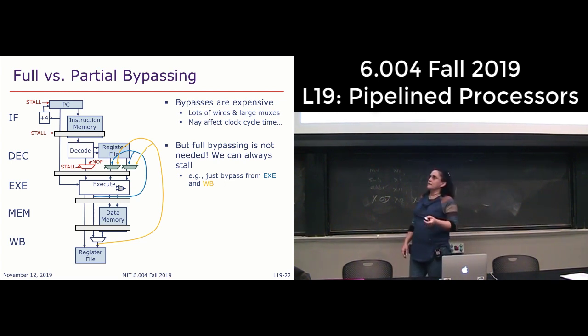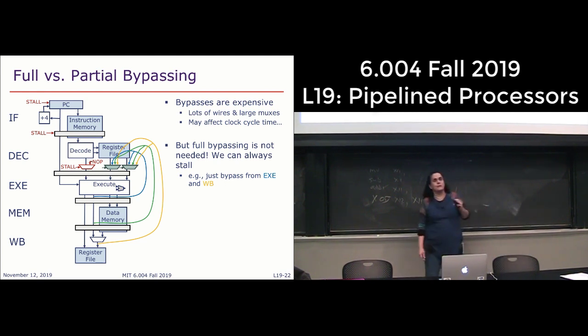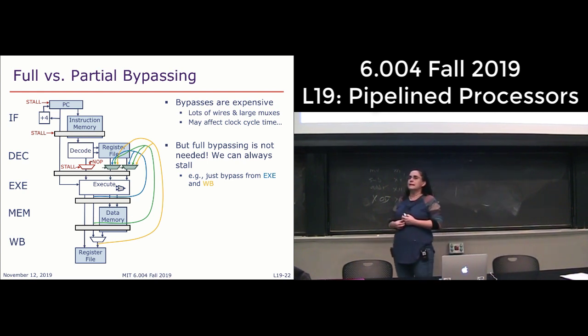Okay, well now let's go back to the fully bypassed implementation, and let's ask ourselves a question: if we have full bypassing, is there any need still for the stall logic in my processor? Can anyone think of a situation where I might still need to stall even if I have full bypassing?